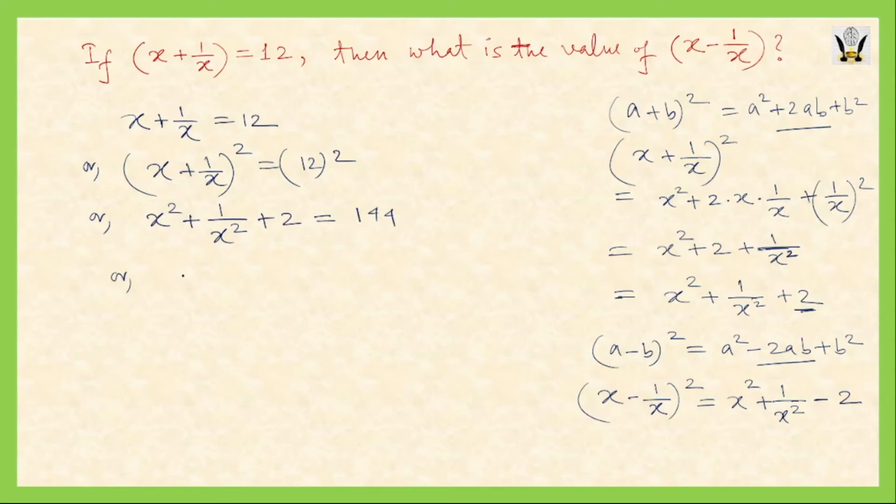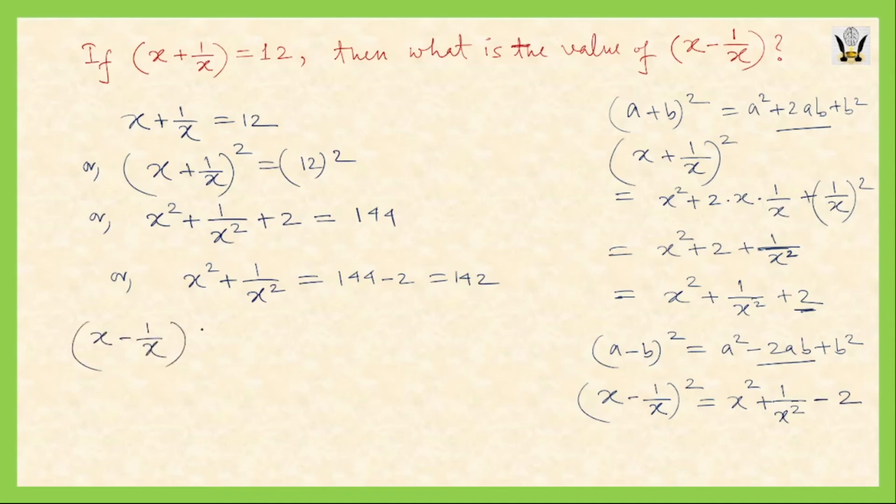So x square plus 1 by x square is 144 minus 2, that means 142. And what we have to find is the value of x minus 1 by x, and we can find that this way: x minus 1 by x.